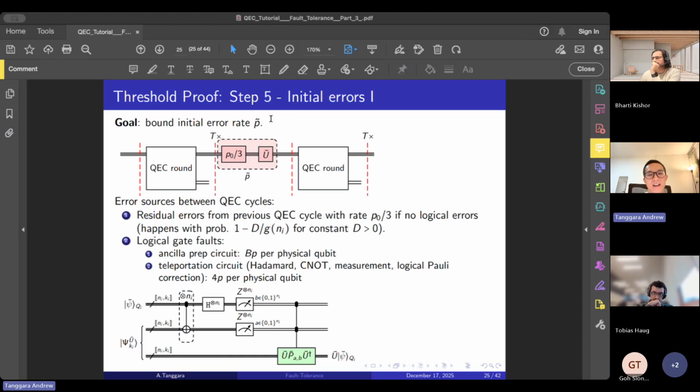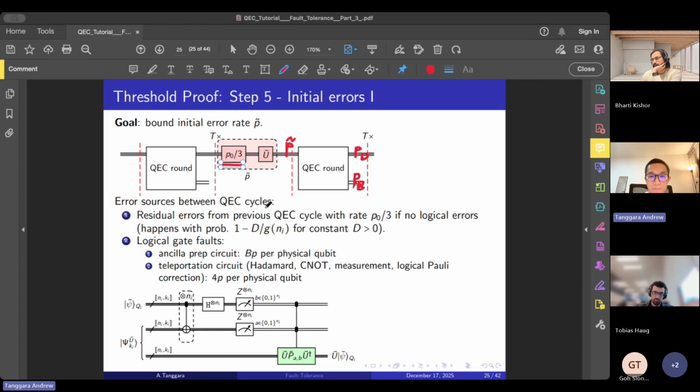Remember, last time we still needed to analyze this initial error rate. We have this p tilde, and we have PD, the data error, and PB, the syndrome bit flip error, but we haven't looked into this p tilde. It could come from the decoding from the previous error correction round failing, if there are residual errors.